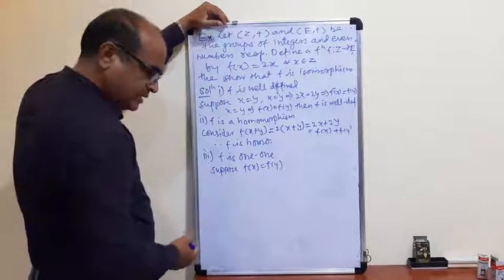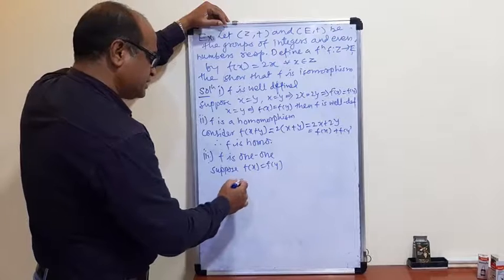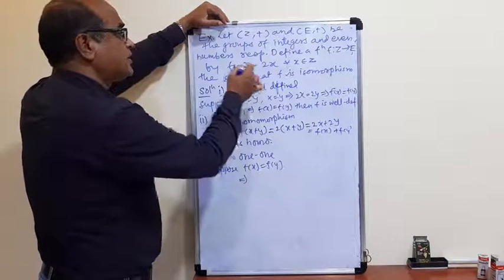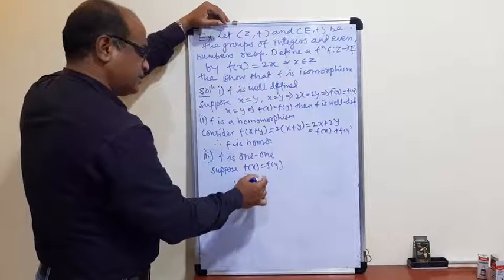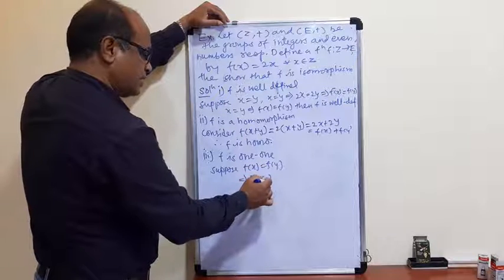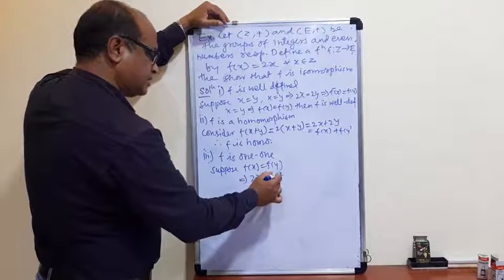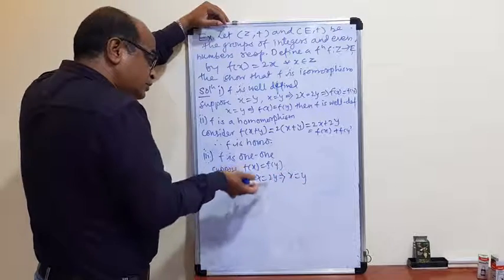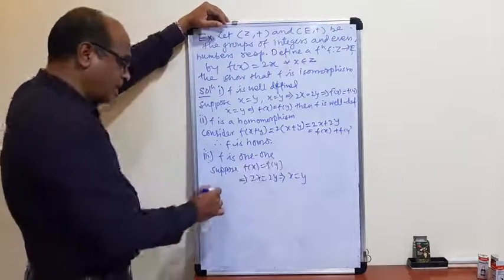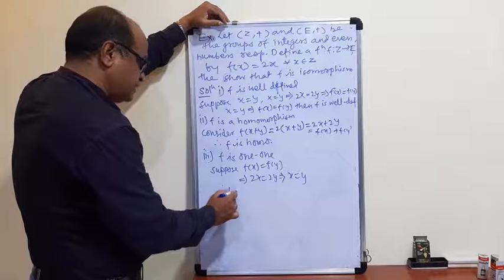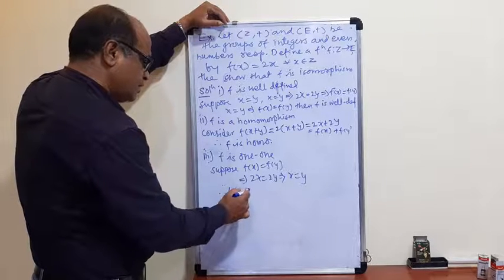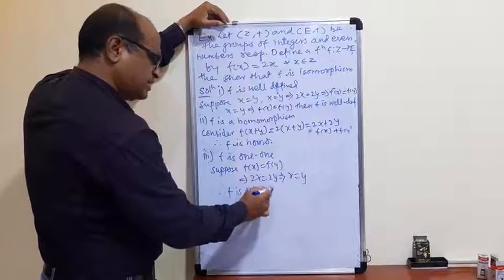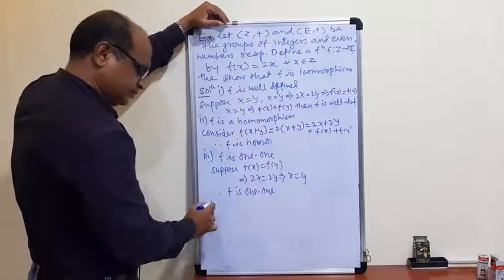So f(x) is equal to f(y) implies that 2x by definition, and f(y) by definition is 2y. So this implies that 2 gets cancelled, x is equal to y. So if f(x) is equal to f(y) implies that x is equal to y, therefore f is 1-to-1. Okay, very simple.